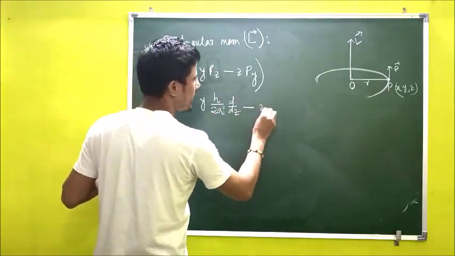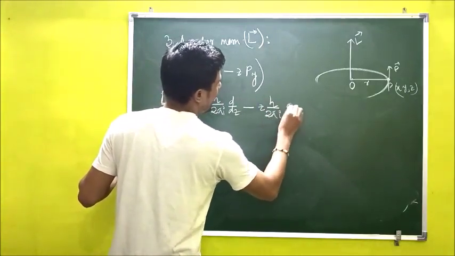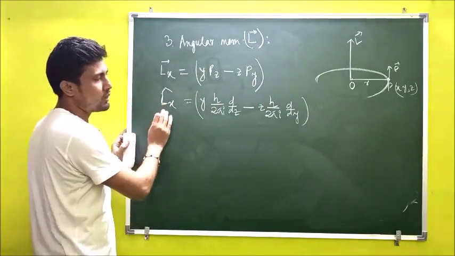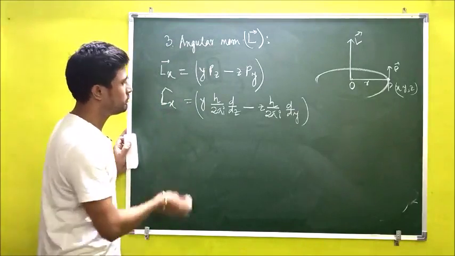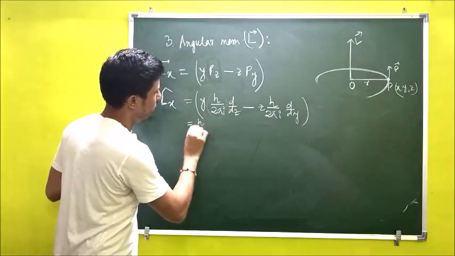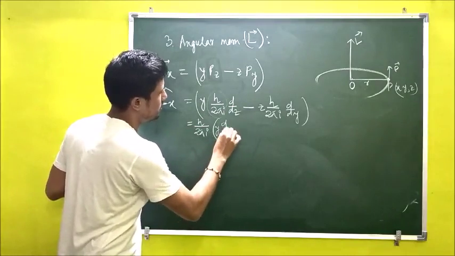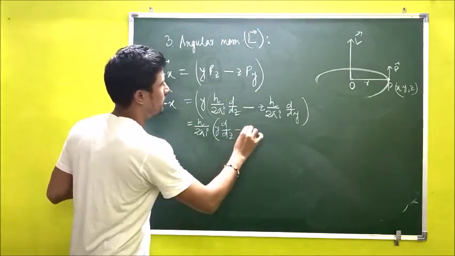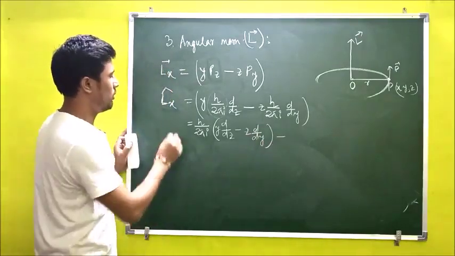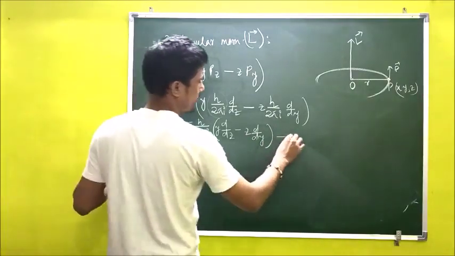For z, the operator is z, and for py it is h/2π into 1/i times ∂/∂y. Taking common h/2πi, it is y ∂/∂z minus z ∂/∂y. So this is the angular momentum operator for Lx.